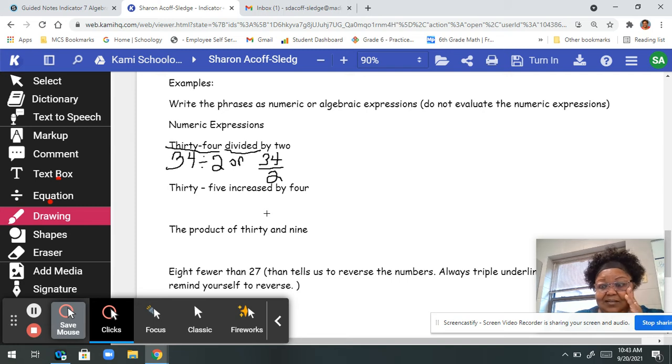Fractions are division. Did y'all know that? So that we can do 34 divided by 2.